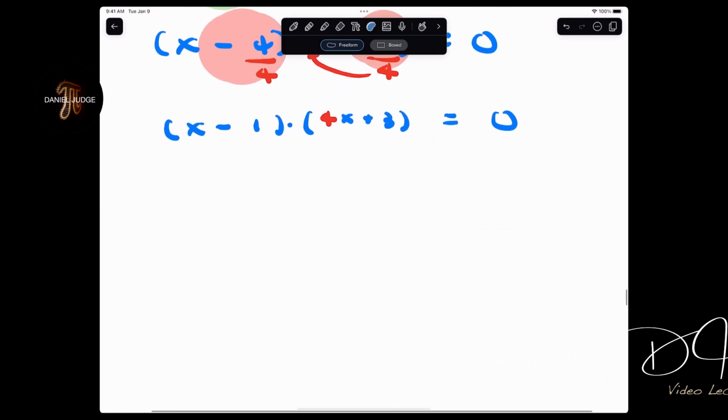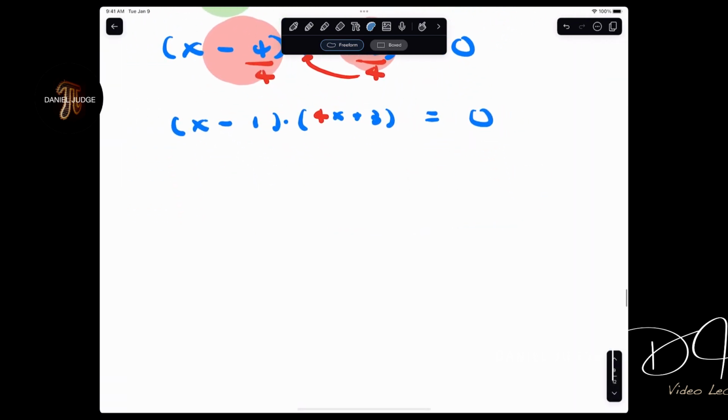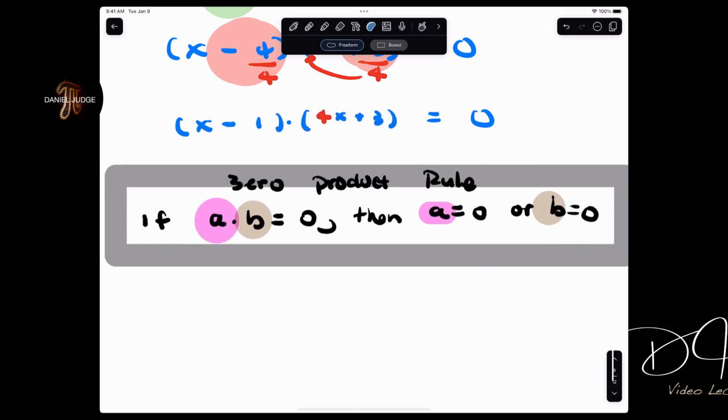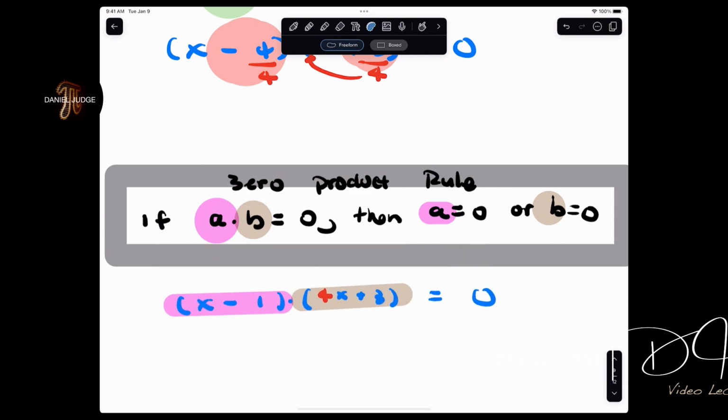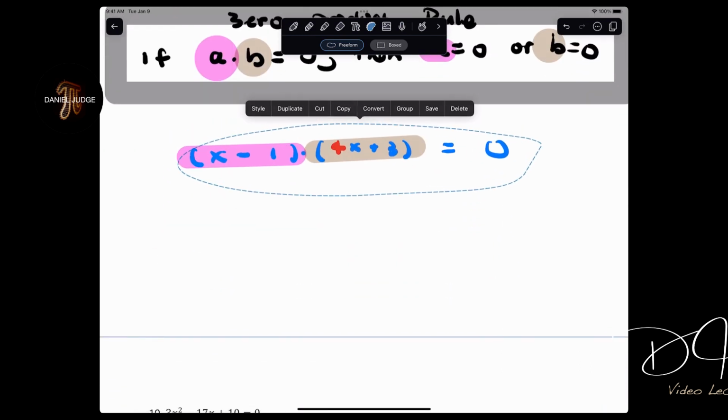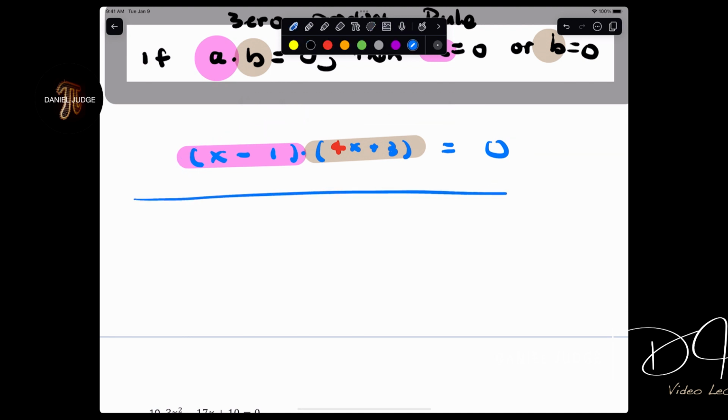And again, now we could use the zero product rule. I think I still have it. There we go. So I have the pink term right here and the brown term over here, and this is what we're going to get. Okay, I think I'm going to bring it down. And let's bring out that crisscross method.